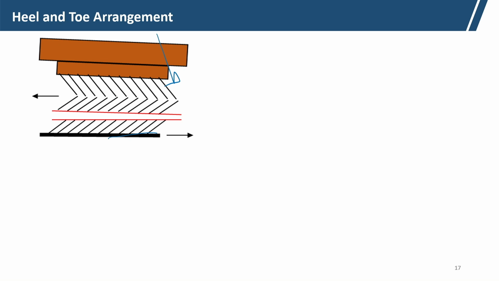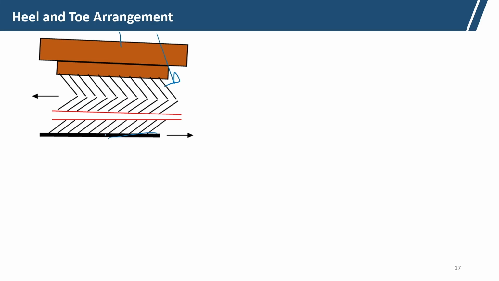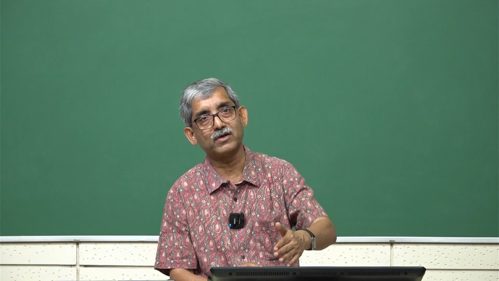So, if there are 40 flat zones, in each flat zone we will have the heel and toe arrangement. Now, I will just show: this is the first flat and this is the cylinder, so you will have it in this fashion. This is the second flat, third flat. This is the heel and this is the toe. So, the back side is the heel and the front side is the toe.